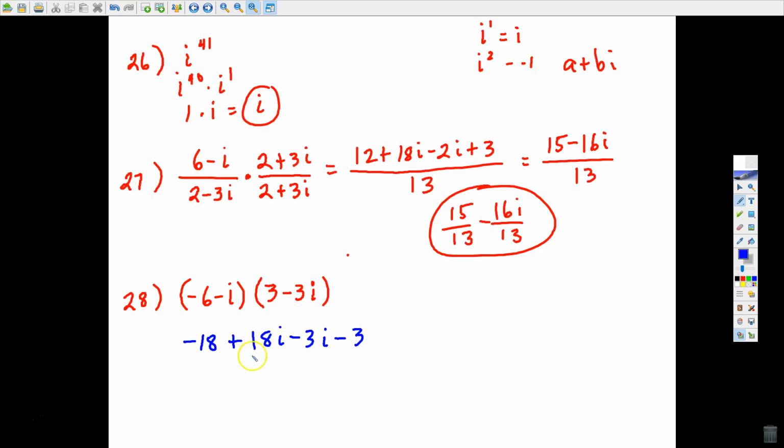And we combine like terms, and we put the real number part first, always. So negative 18 minus 3 is negative 21. And when we combine the imaginary numbers, 18 minus 3 is plus 15i. And that's my answer for number 28.